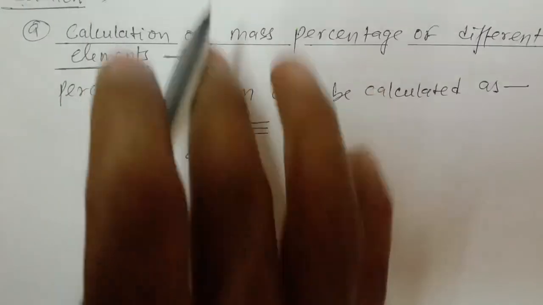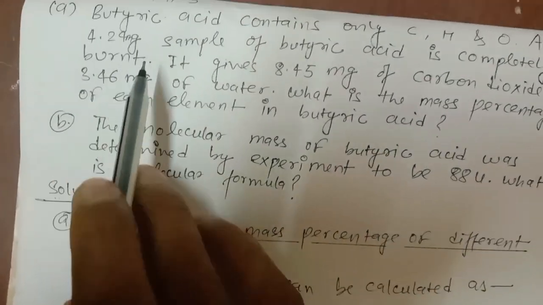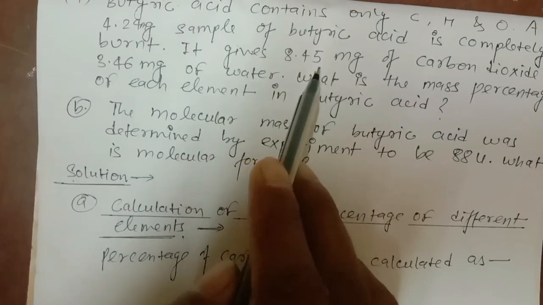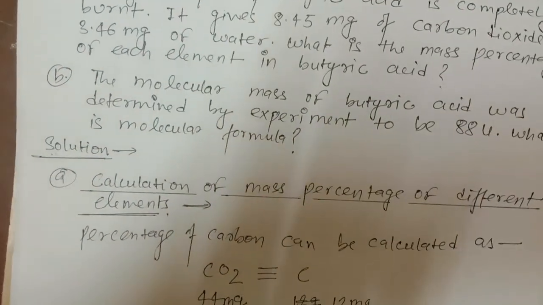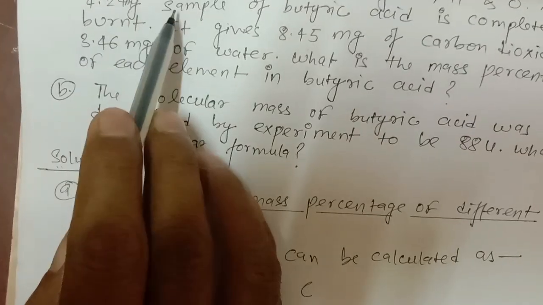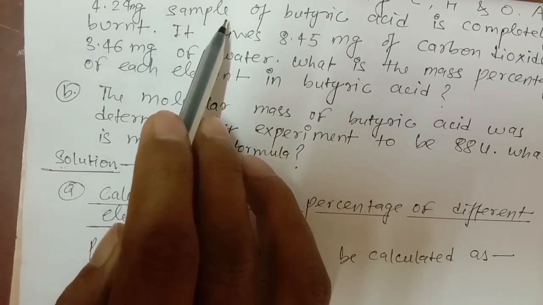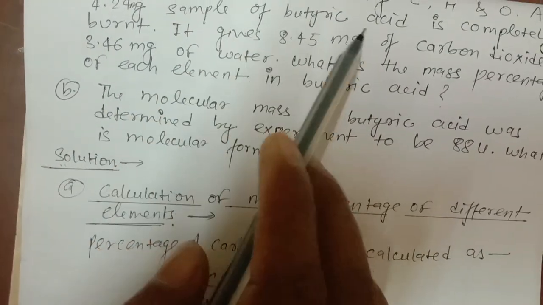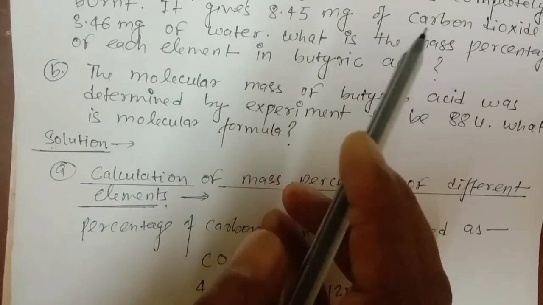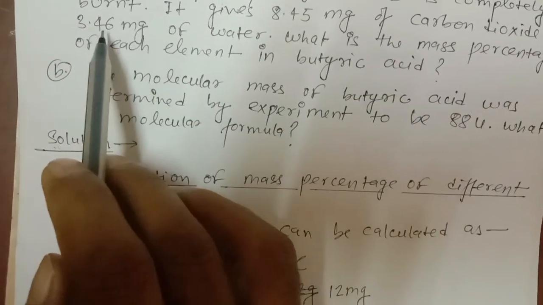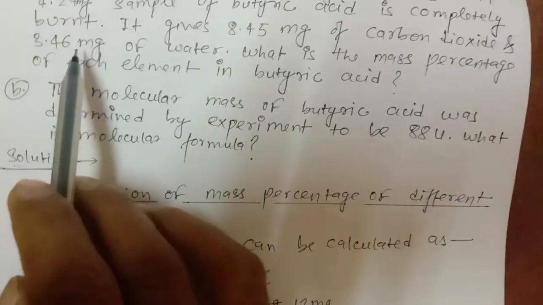In the question they are saying that when a 4.24 milligram sample of butyric acid is completely burned, it gives 8.45 milligram of carbon dioxide and 3.46 milligram of water.